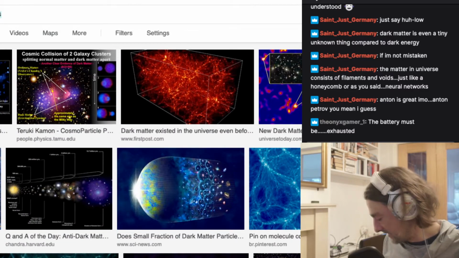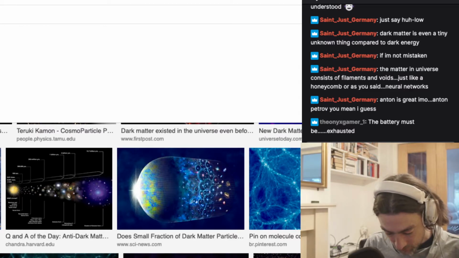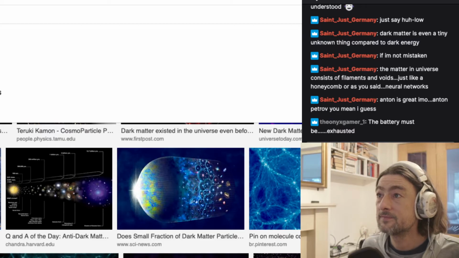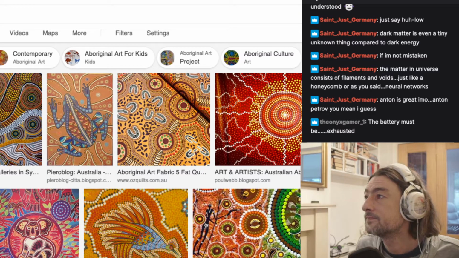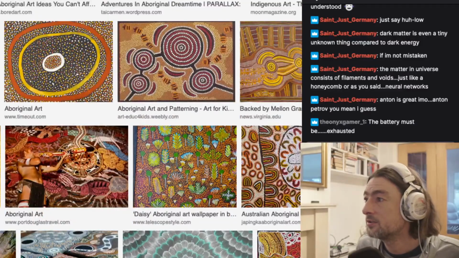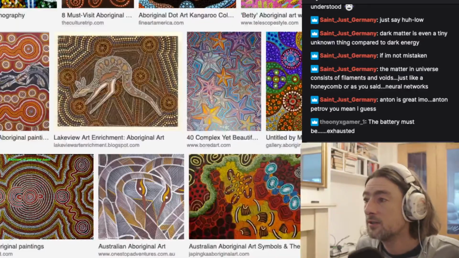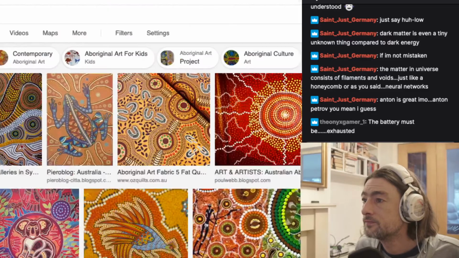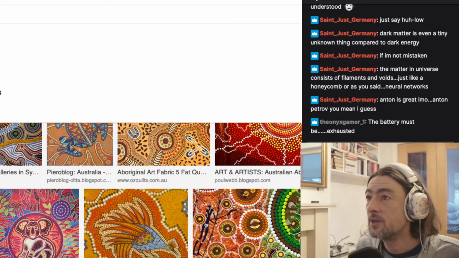Let's have a look at this again. Aboriginal art. This is just straight up Aboriginal art now, not ancient Aboriginal art. Loads of dots and colours. I want the ancient. It was the X-ray paintings, wasn't it?